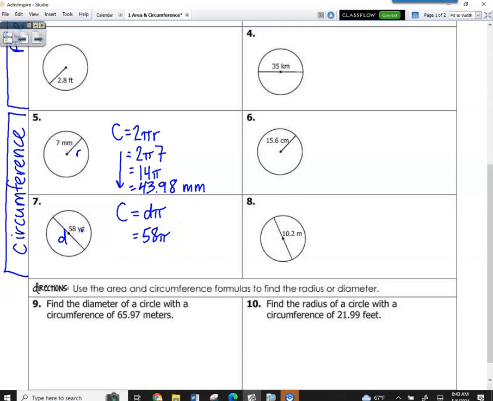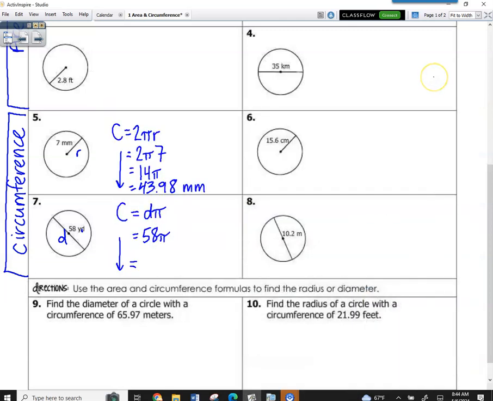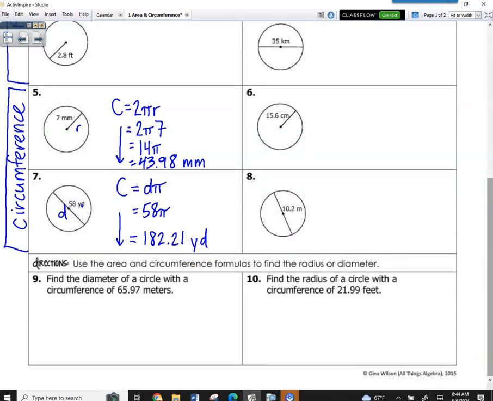Now I would need the decimal version, so I'd go to my calculator and type 58 pi. 182.21 yards. Alright, so those are straightforward.